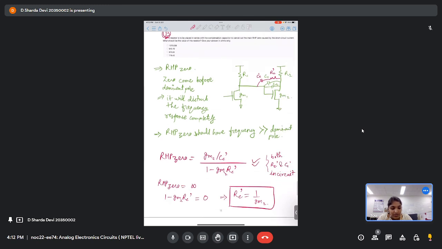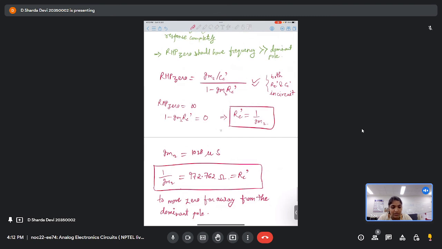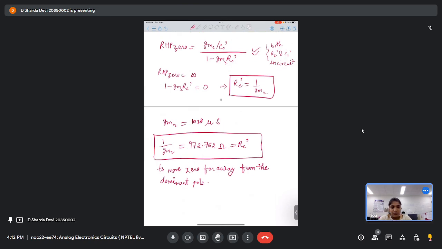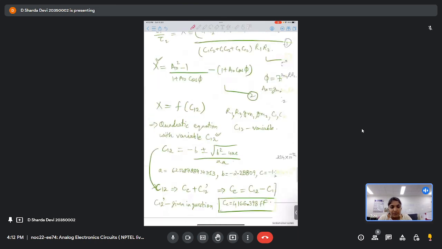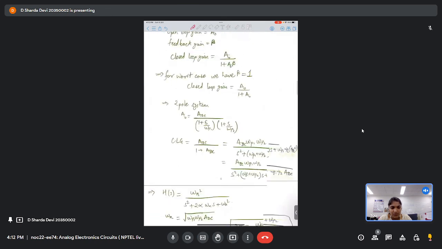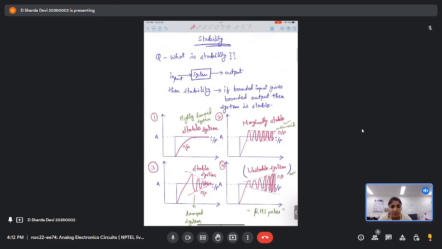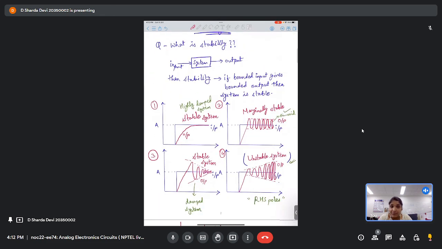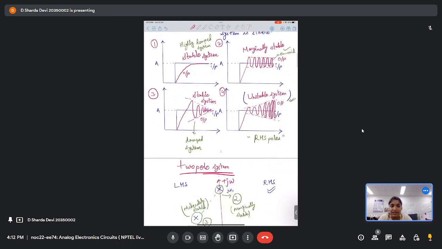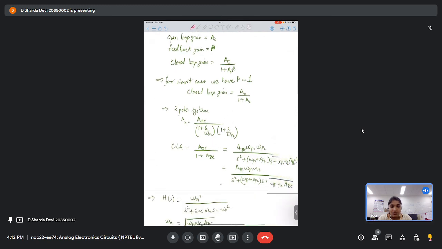So we solved this problem and we got that our resistance value actually turns out to be 1 by Gm2. So these are the problems that we discussed today, and before this we gave quite some time for the concepts on stability and why stability is important, what is the basic idea behind stability, and all this.